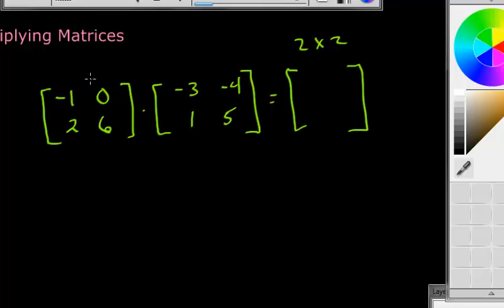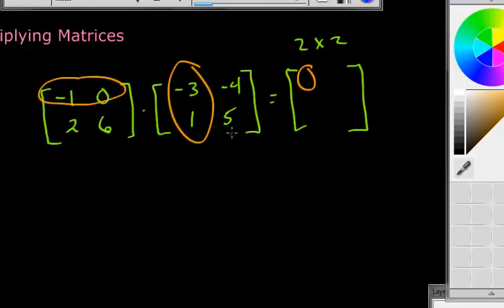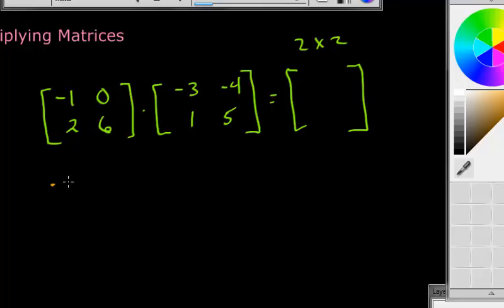You would take this first row times this first column to get this entry right there. So that's going to be -1 times -3 plus 0 times 1. And that is just going to be 3 plus 0, which is 3. So that first entry is a 3.